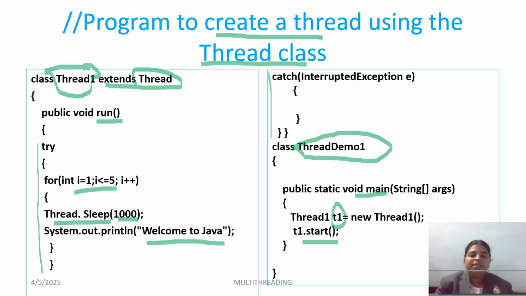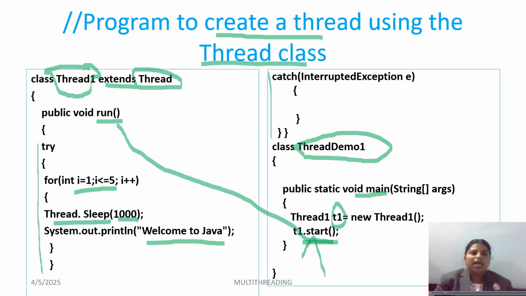So the thread begins its life from this method. It reaches the run method, and inside the run method it begins its execution. It prints this message, welcome to Java. It proceeds into the loop again for the second time.